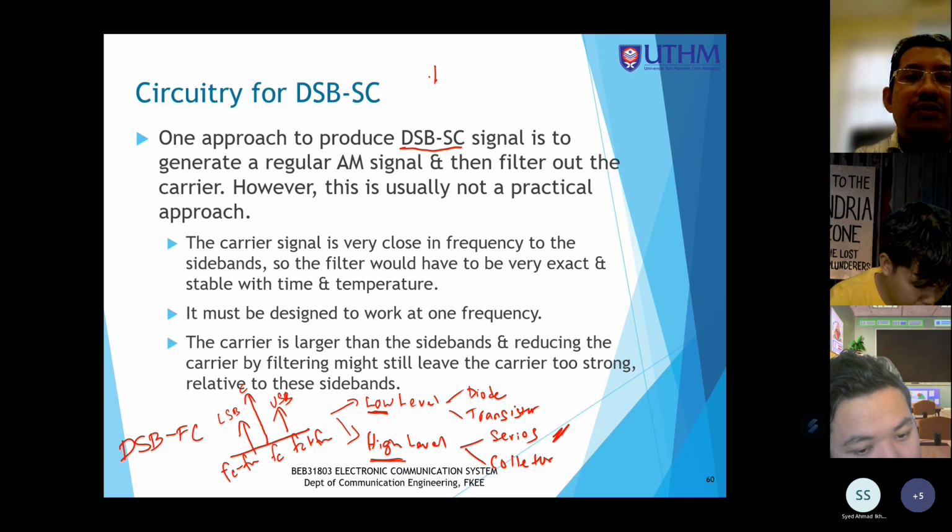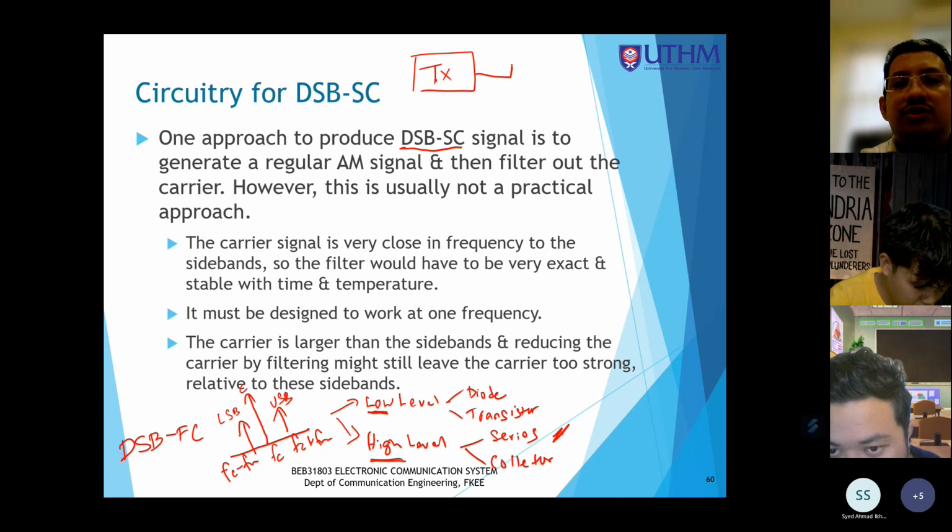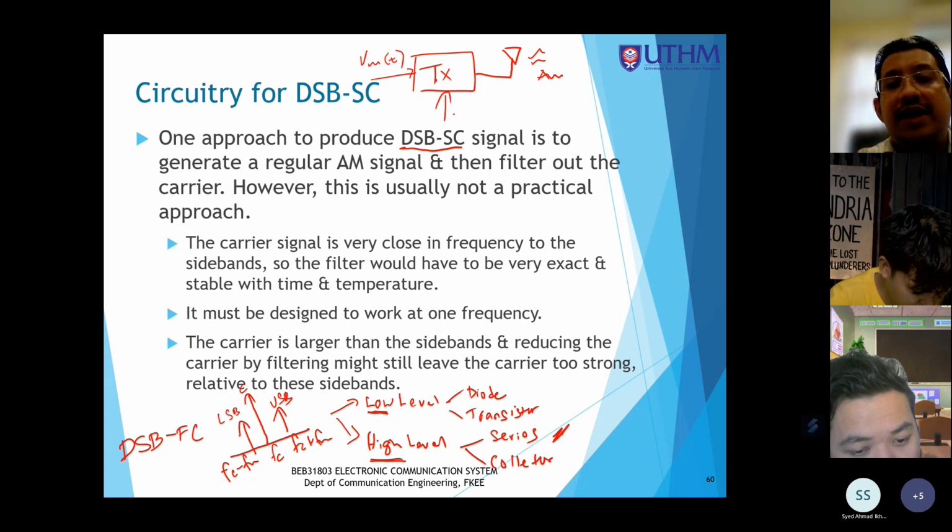So again kita akan refresh that this modulator is within the transmitter. Remember, within the transmitter, we want to produce an AM signal. So we have the input over here, the message, the VMT, and we have the carrier signal, which is the VCT. So modulator is a part of transmitter.